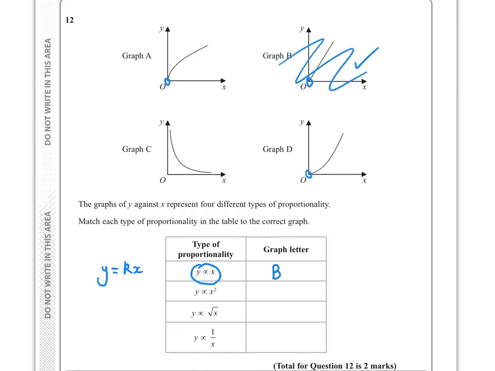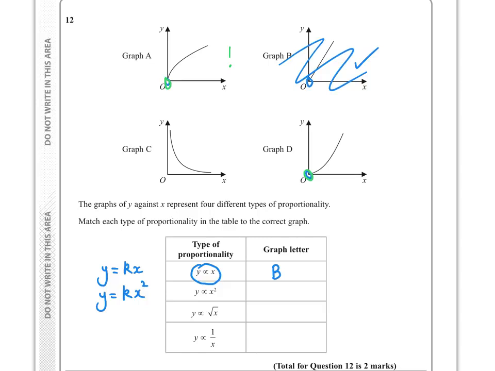So now the second one is y is proportional to the square of x, so y would be equal to kx squared for some value of k. Now if x is 0, y is 0, so it still has these two possibilities here. But I think you can see as x goes up, so y goes up. Now this one doesn't match that, whereas this one does.